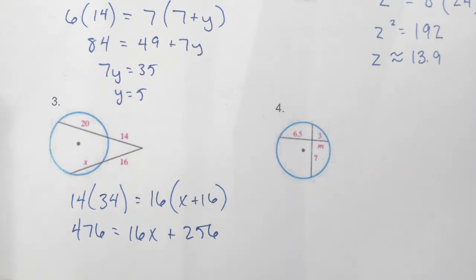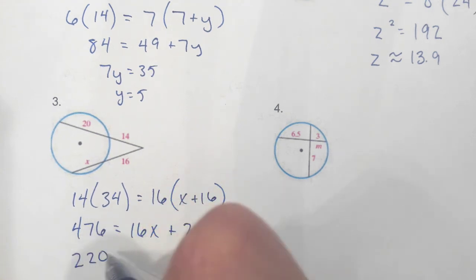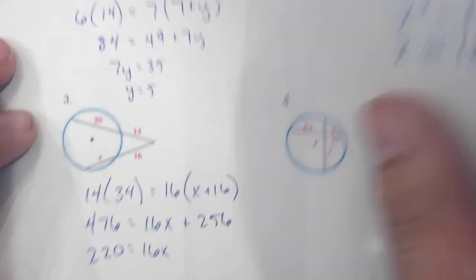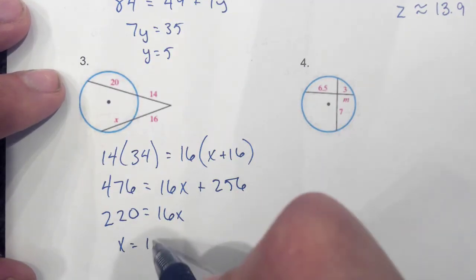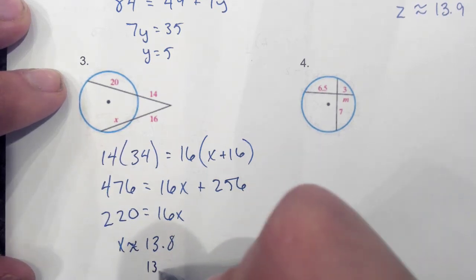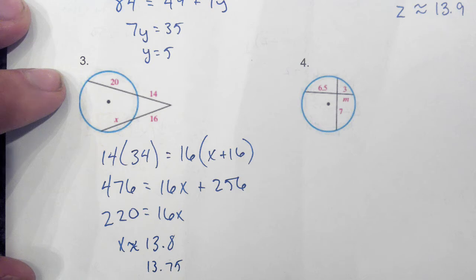Subtract 256, and you got 220 equals 16x. Divide by 16, and rounded to the nearest tenth, looks like it's going to be 13.8. Although I hate rounding that because it's actually 13.75. But it does say round to the nearest tenth, so 13.8.